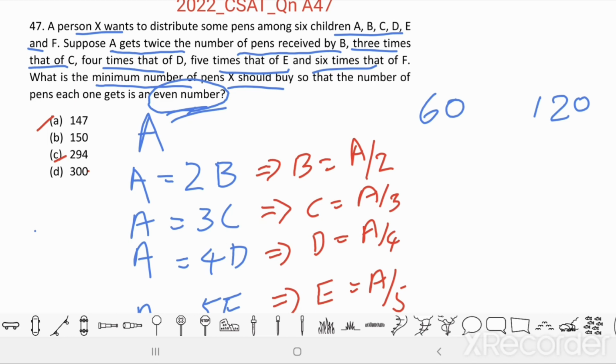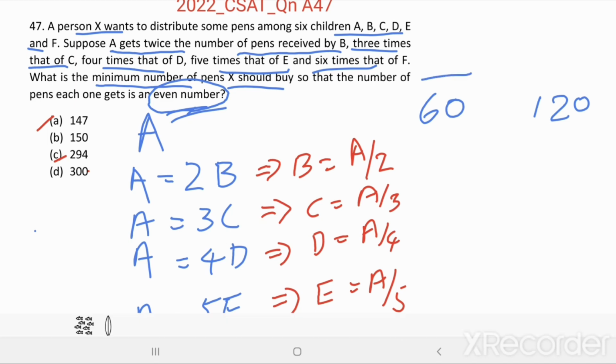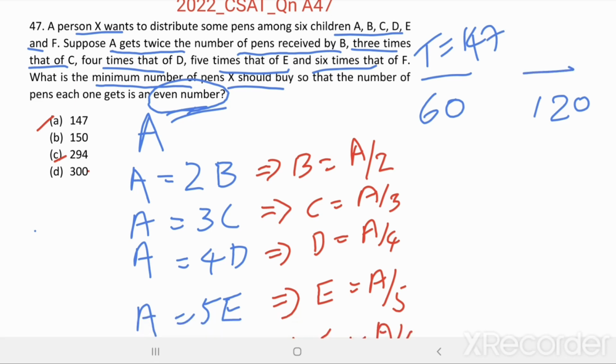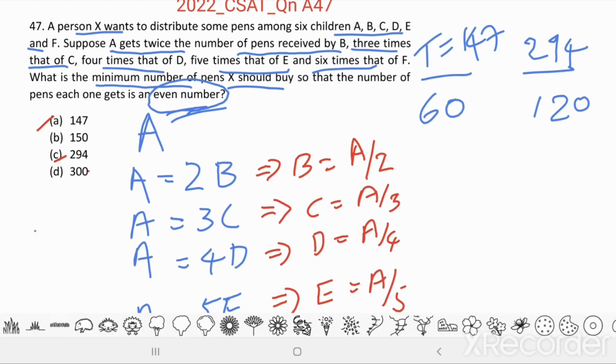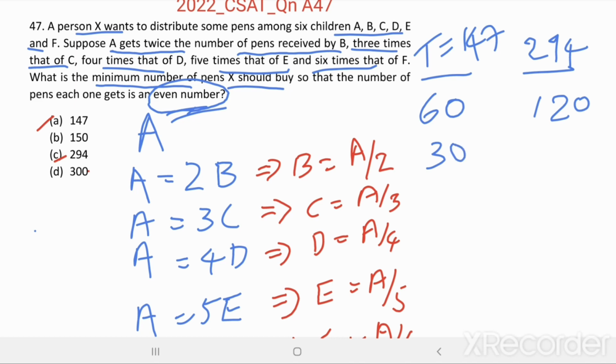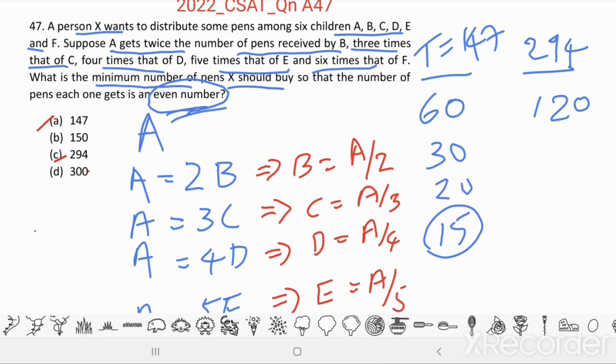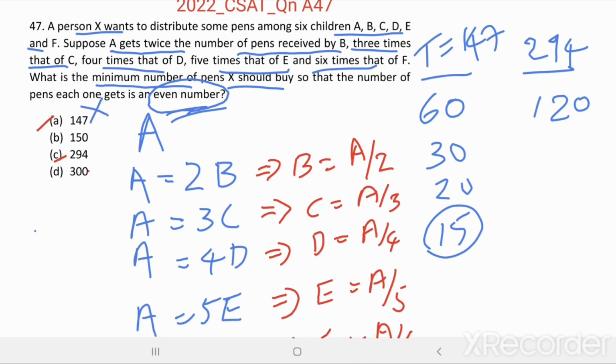So 60 when total equal to 147, 120 when T equal to 294. Then B equal to A by 2, 30. Here C equal to A by 3, 20. D equal to 60 by 4, 15. So 15 is an odd number. So we can rule out T equal to 147. This is not the answer. Option C is the right answer.